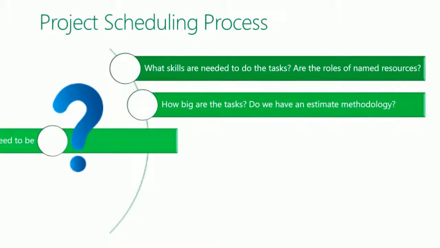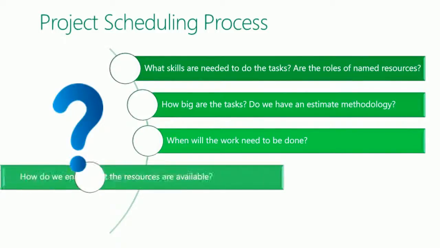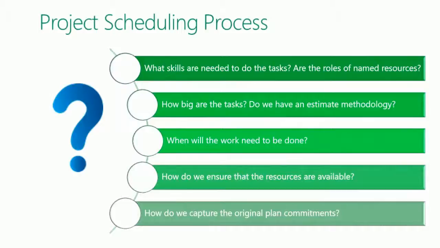When will the work need to be done? So what's the deadline? How do I slot the resources into the right part of the schedule? What if they're not available? So how do we know if they're available? Right? How do we capture the original plan commitment? So these are the questions that we ask about, to define the approach for how we take a date-based schedule into what we used to call an optimized schedule.